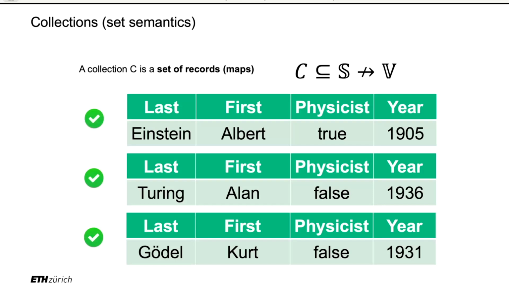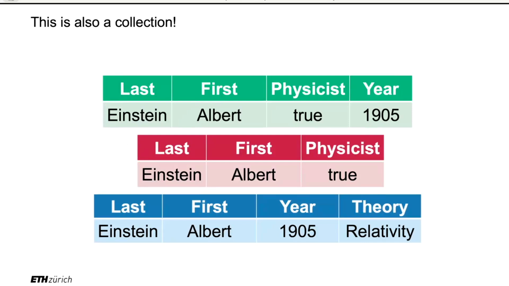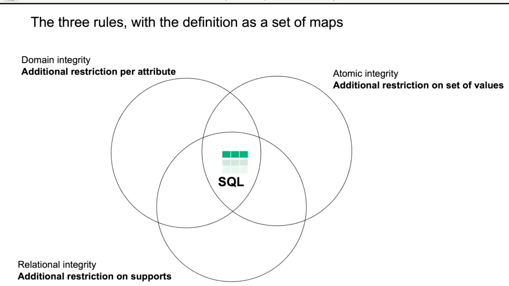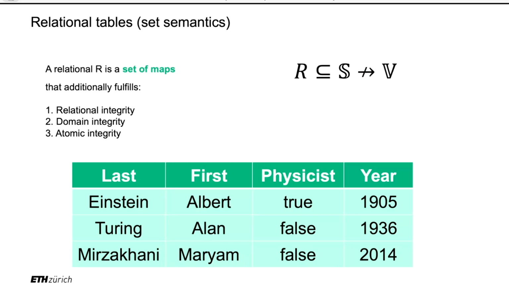So we saw a collection is, with my chocolate taste, a set of records, maps. And because that would also be a collection, I need to enforce three additional criteria to make it a relational table. These ones, then we call it a relational table, chocolate flavor.